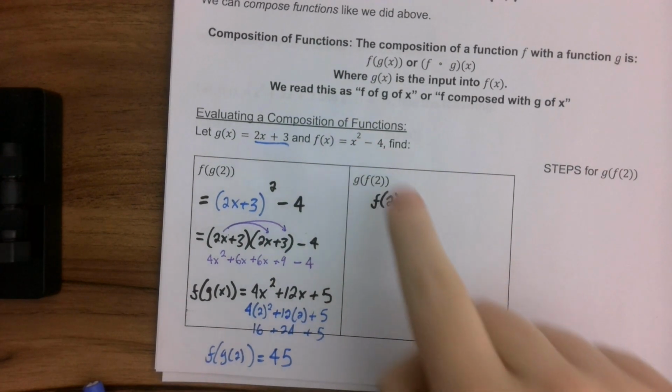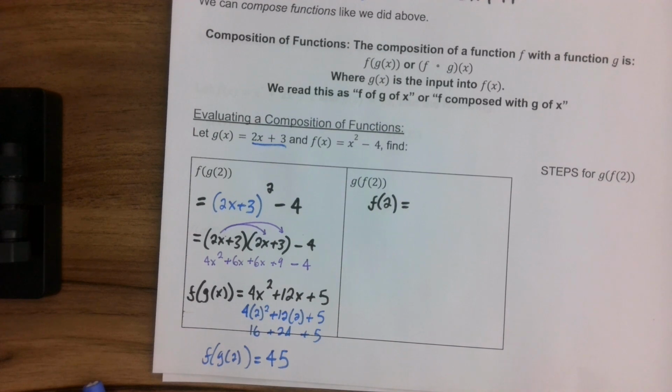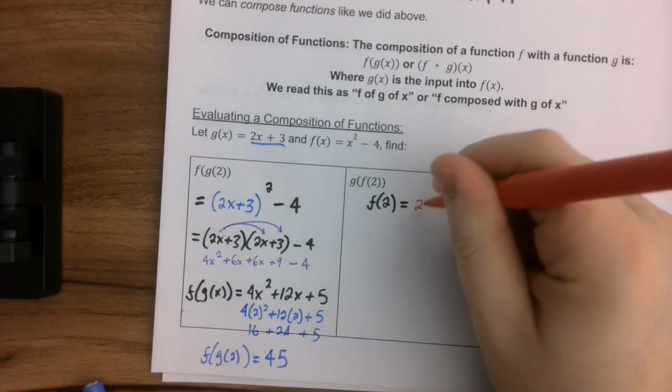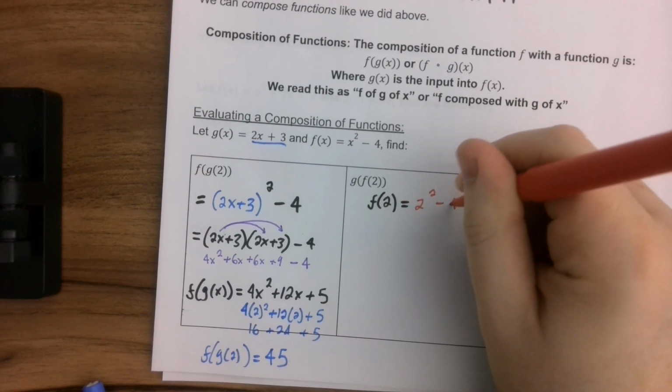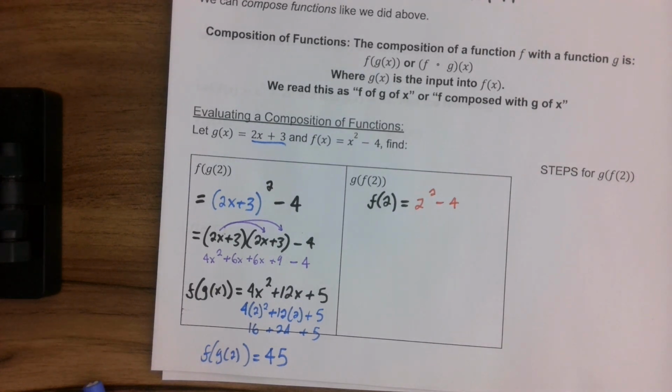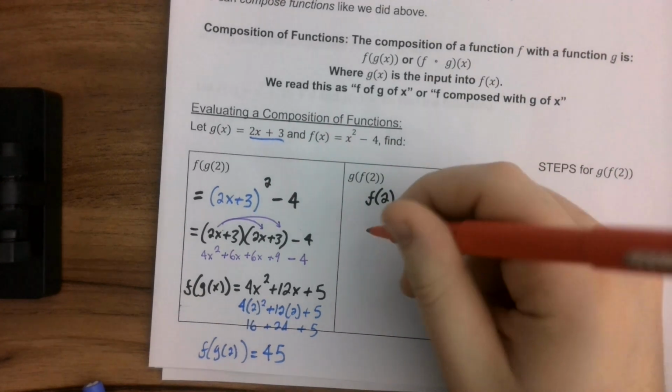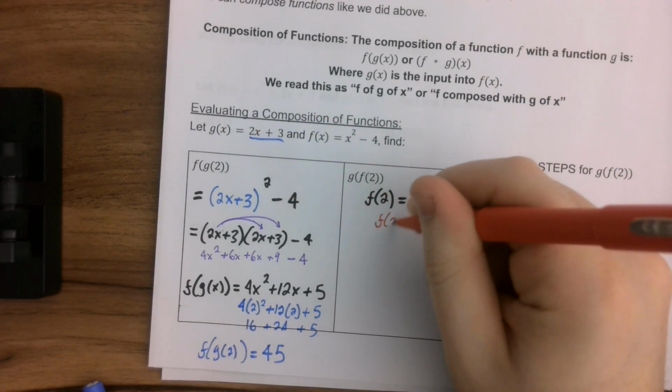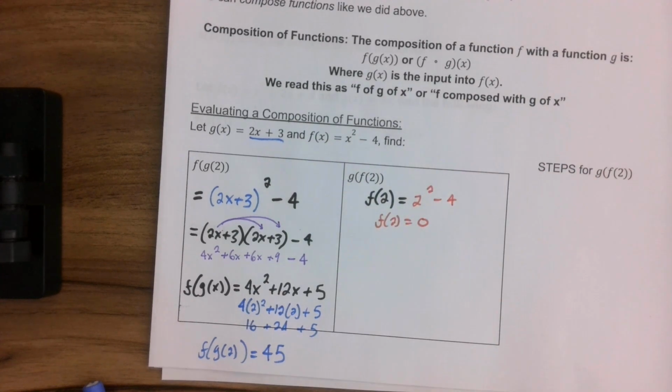So let's look at f of x and see what happens when we change the x into a 2. Well, that'd be 2 squared minus 4. What's 2 squared minus 4? It's 0. So we could say that f of 2 equals 0.